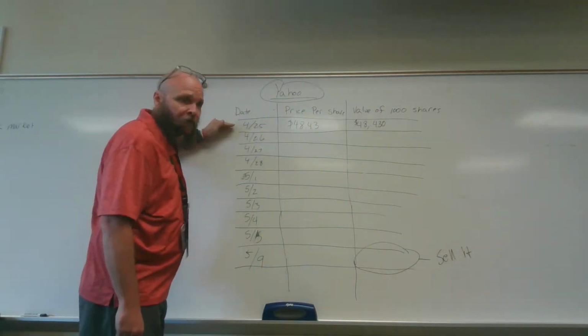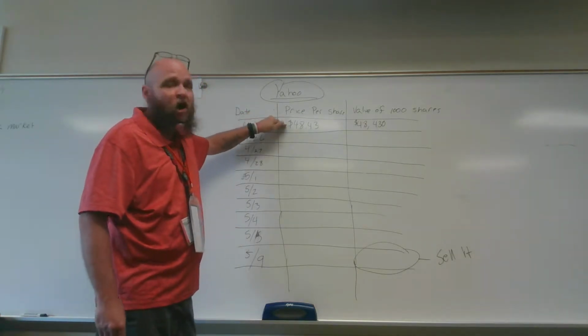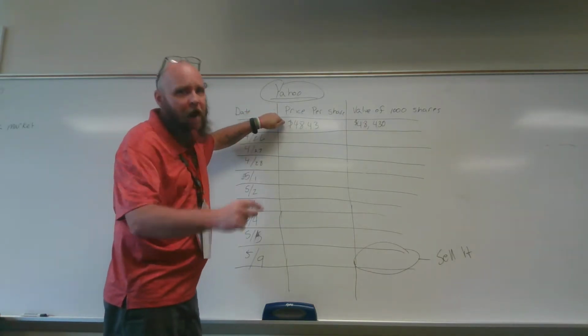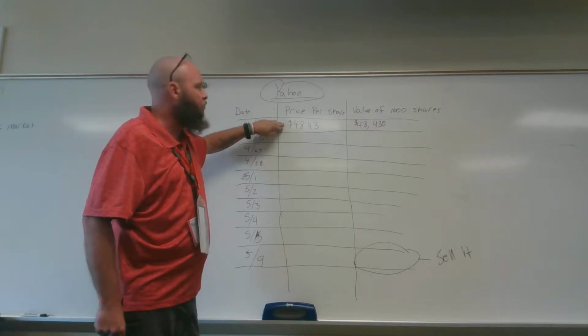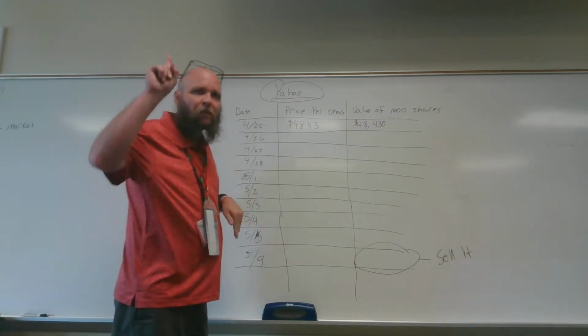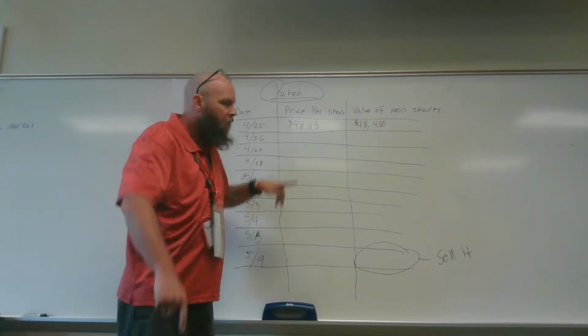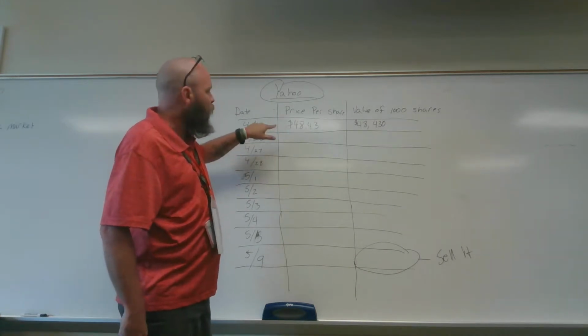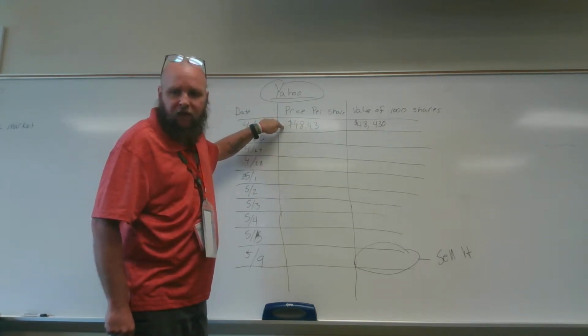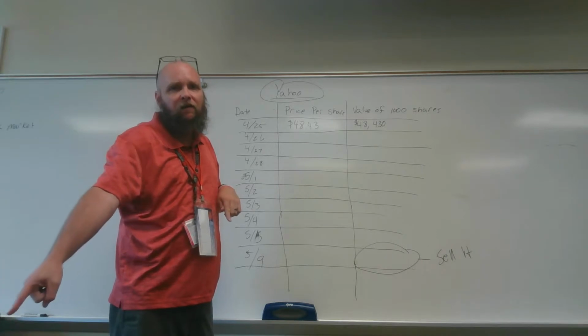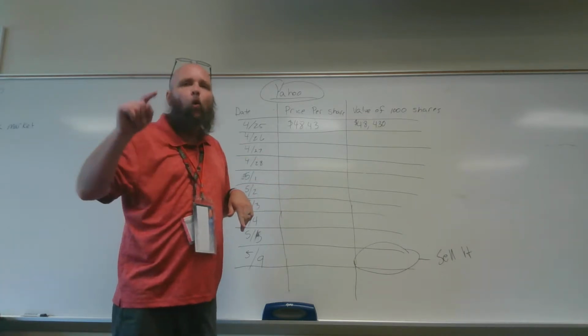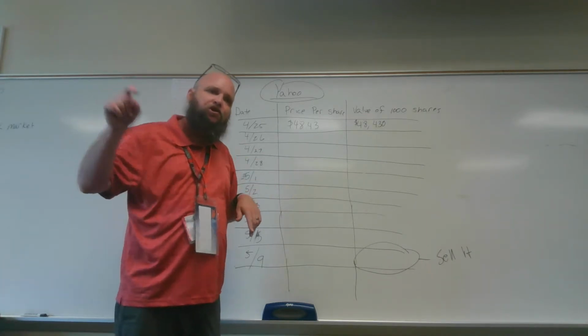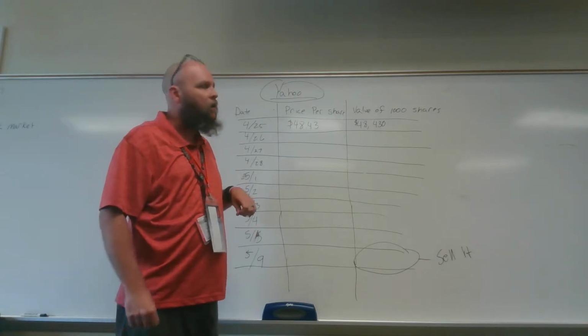So, April 25th, the stock price, each share is $48.43. So if I bought one share of Yahoo, it would be $48.43. But this assignment says you're buying 1,000 shares of Yahoo stock.